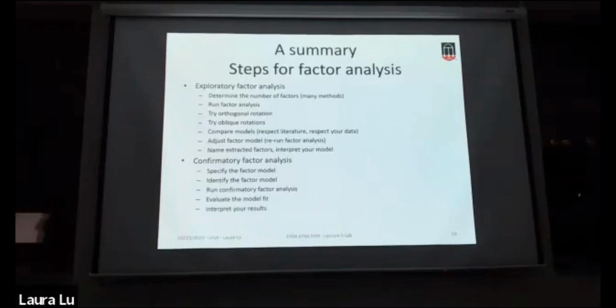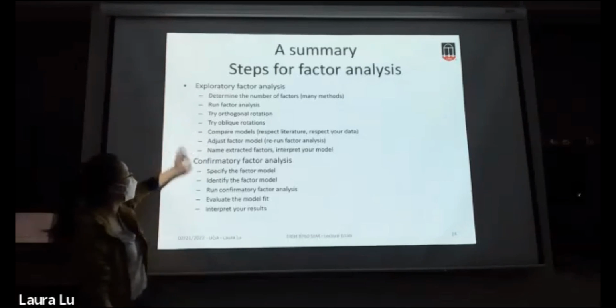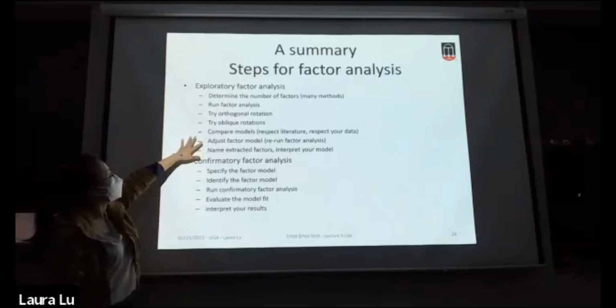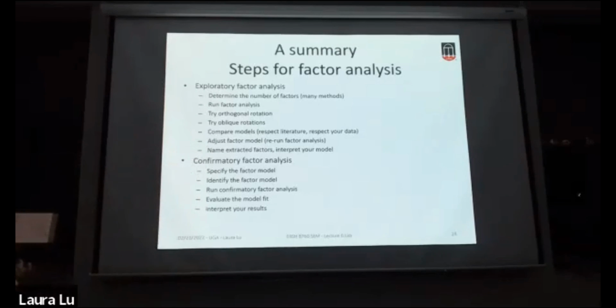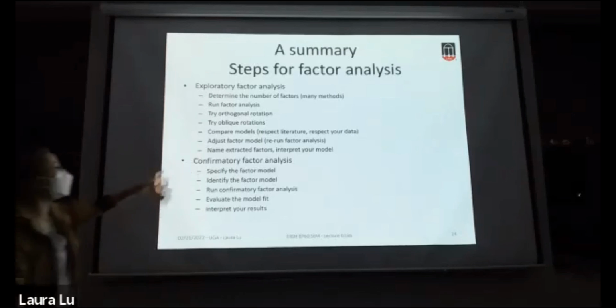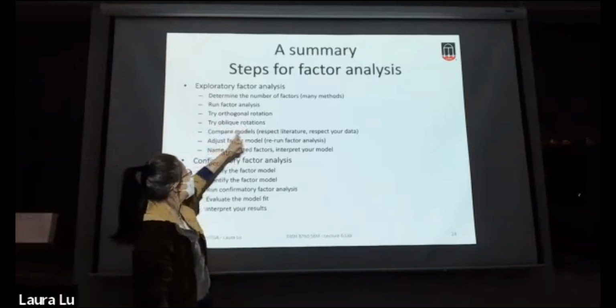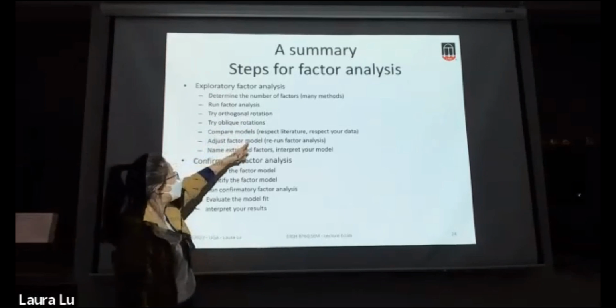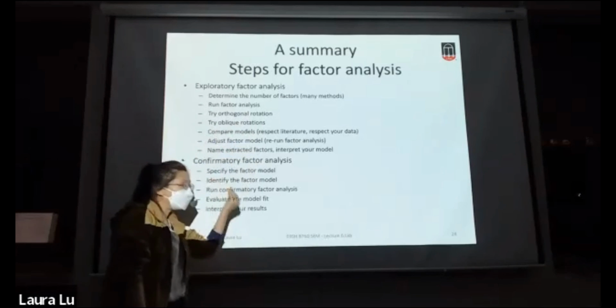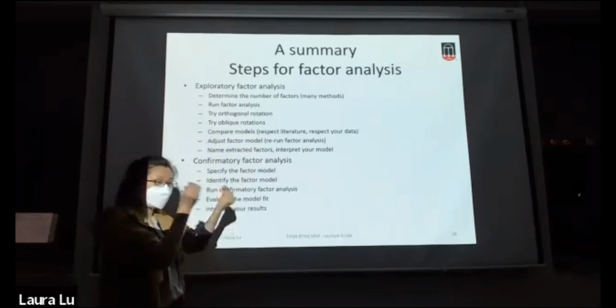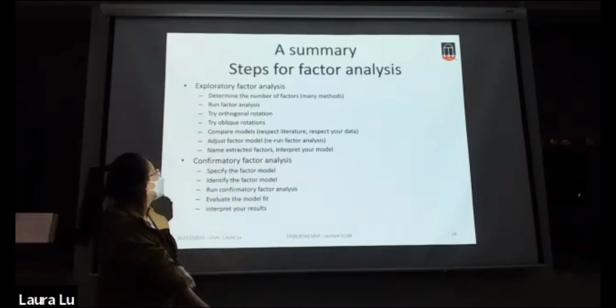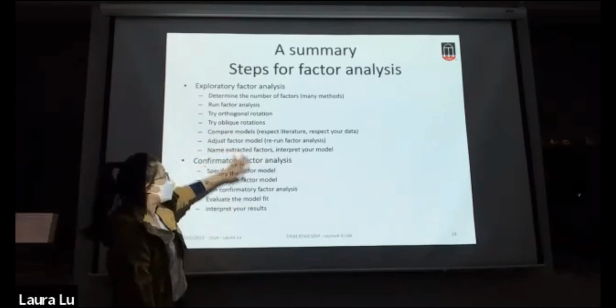This is a summary for EFA and CFA. For EFA, you have to decide the number of factors, your main methods. Then run factor analysis, try orthogonal rotations, try oblique rotations, and compare models. Based on your literature and also your data, you make some decisions. Adjust your factor model.